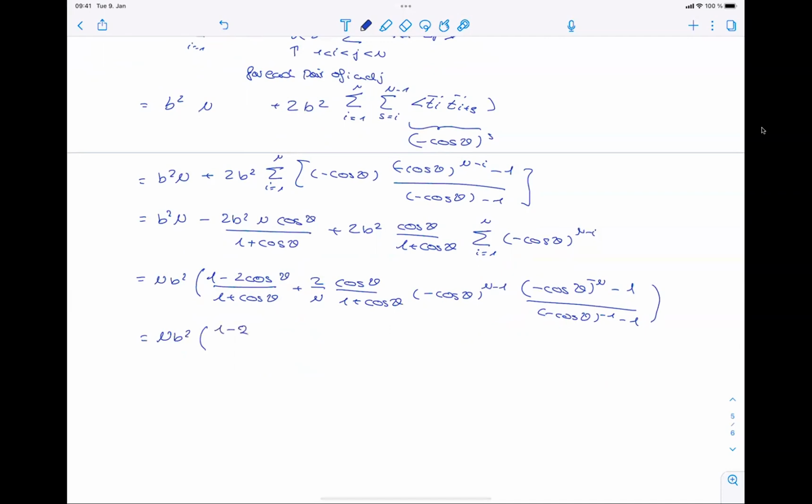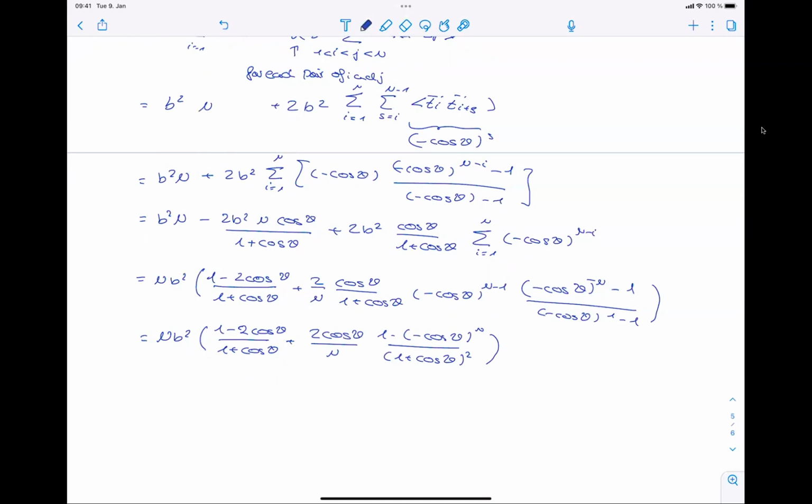Minus, sorry, 2 cos theta over 1 plus cos theta plus 2 plus. Actually, sorry, I think this is.